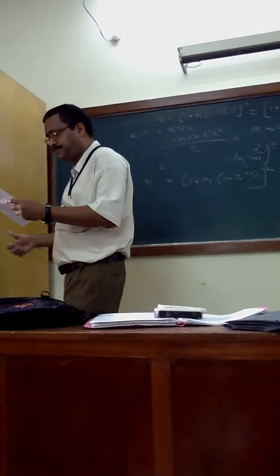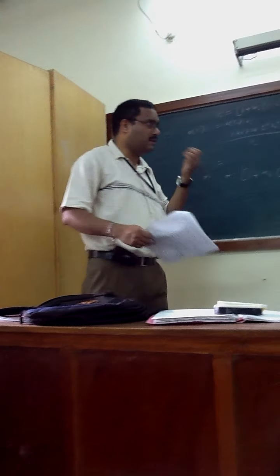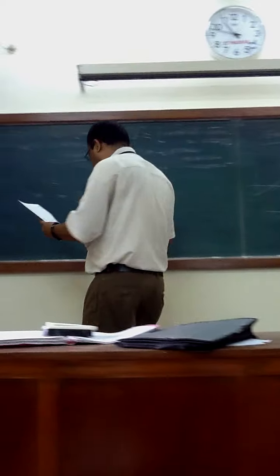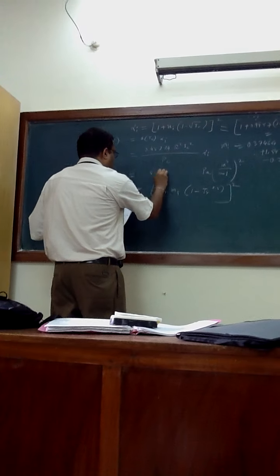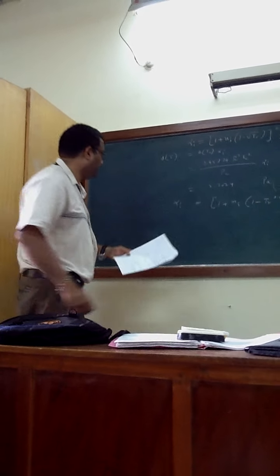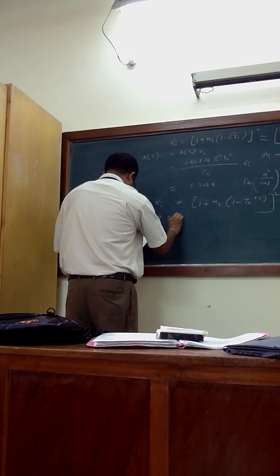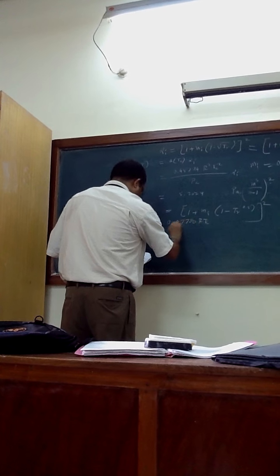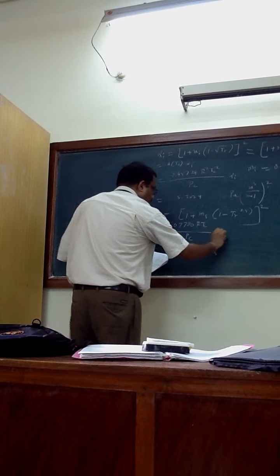So what is a? What is a then? 5.197. I got 5.2024. Small b is 0.07780 RTc by Pc.